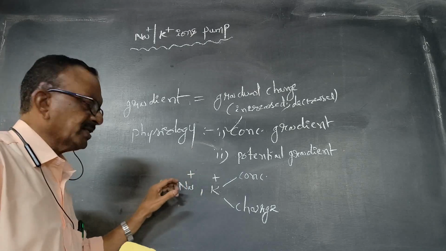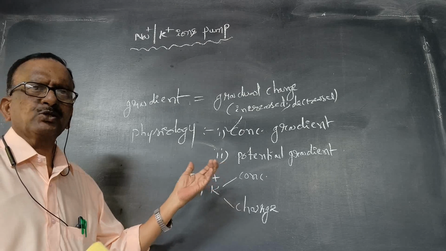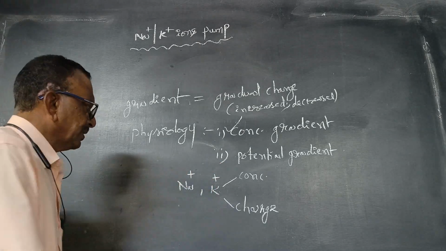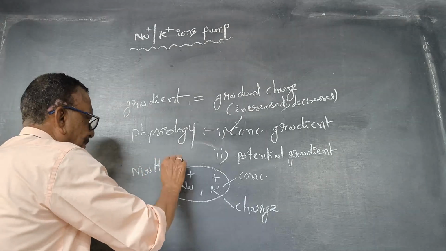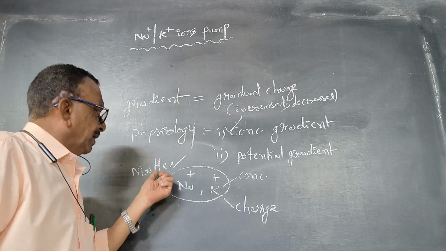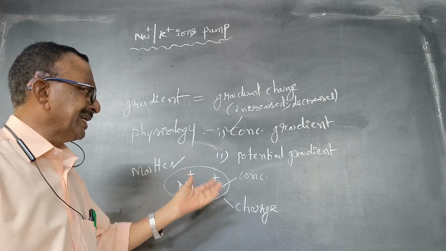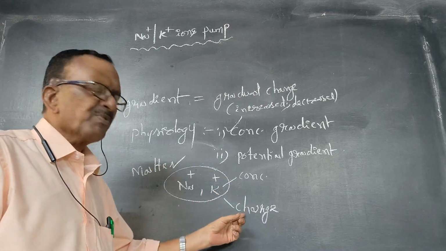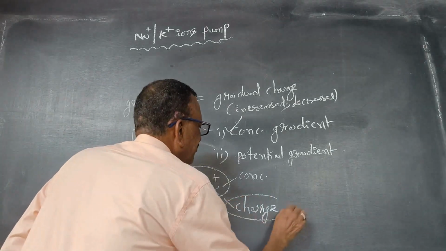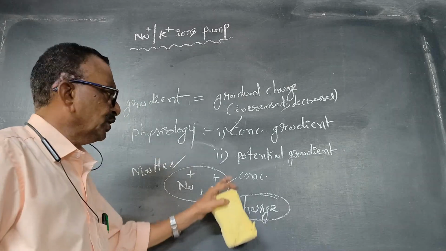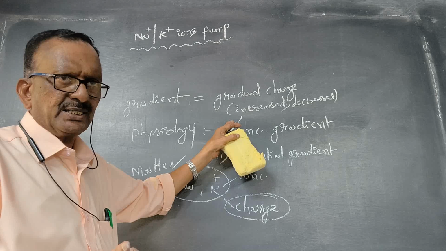We are speaking about the same matter. Ions are sodium, potassium, we may have magnesium ions, calcium ions, whatever may be. That comes under matter. This matter's information is expressed either in the form of concentration or in the form of charge. If it is expressed in the form of charge, we use the word potential. Concentration is concentration itself.